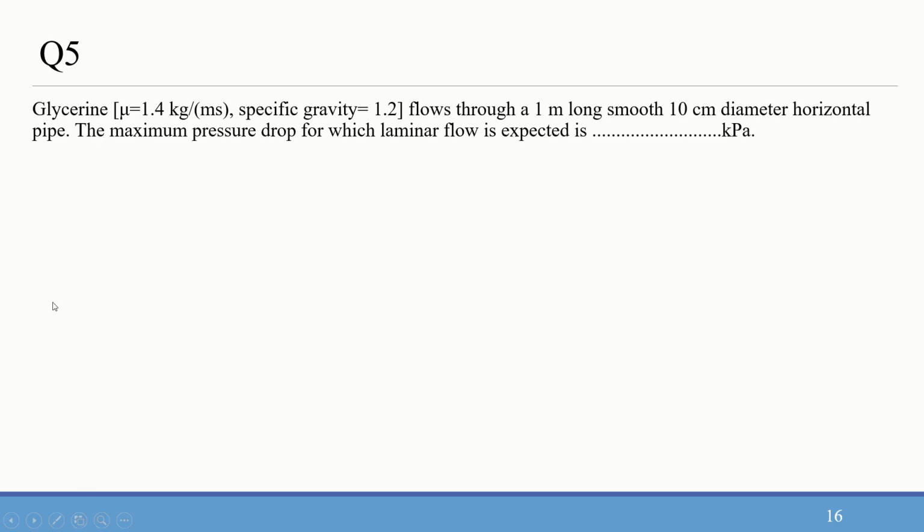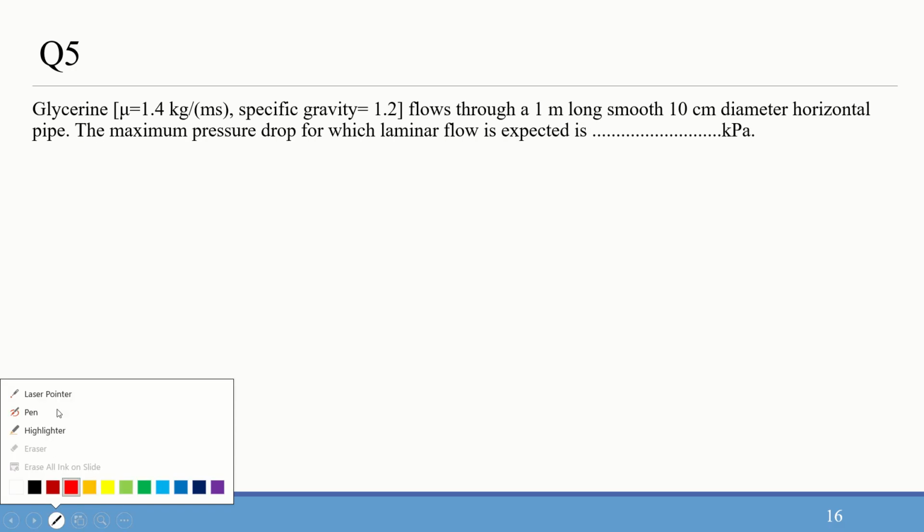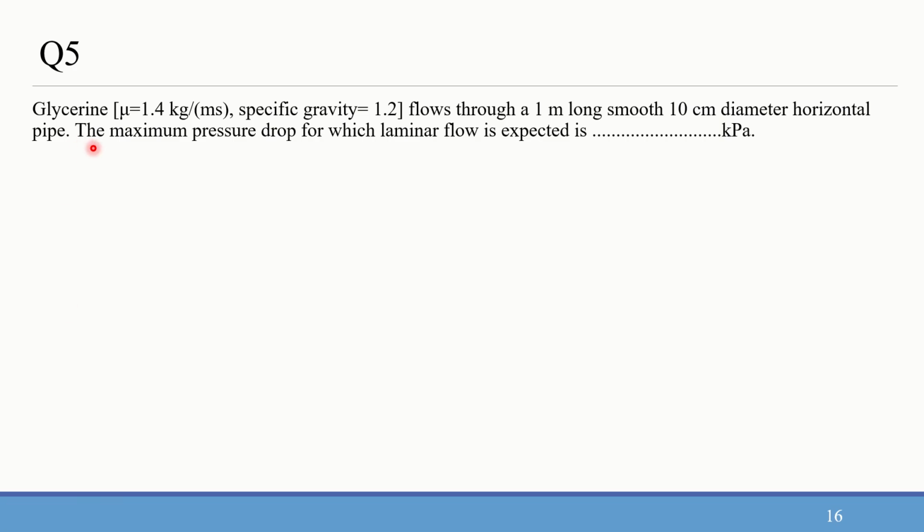Now we'll go to question 5. What is asked in question 5? Glycerin with viscosity 1.4 kg per meter second, specific gravity 1.2, flows through a 1 meter long smooth 10 centimeter diameter horizontal pipe. The maximum pressure drop for which laminar flow is expected is dash.